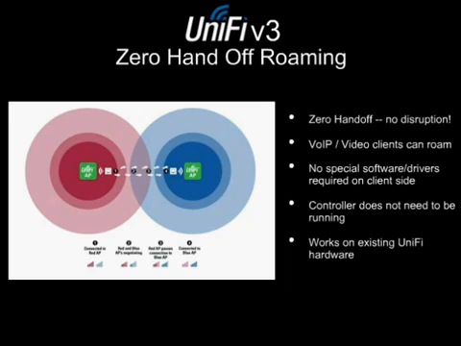So traditionally, roaming is achieved by the client making the decision about where to connect. Traditionally, roaming will require some kind of interaction between the AP and the client, so the client can do the right thing. But right now, zero handoff basically takes the client decision out of the picture. The AP will determine which AP should be serving the client.